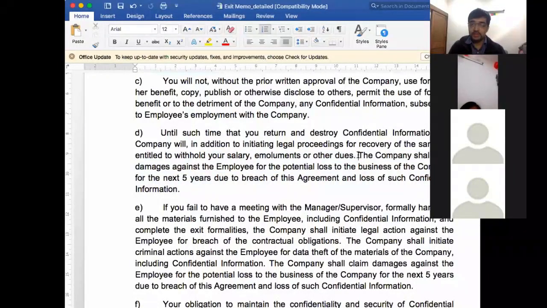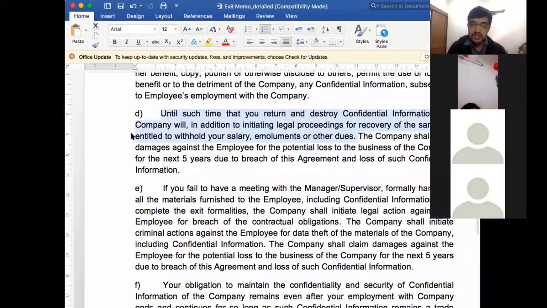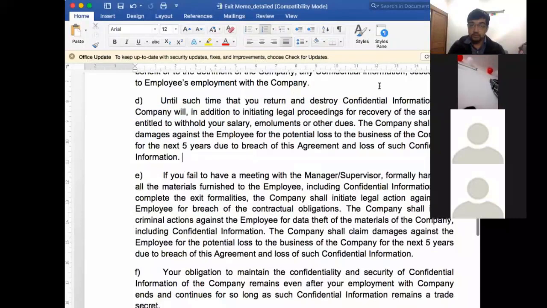This has to be checked for legal validity depending on the nature of the employee, because if you're covered under Payment of Wages Act and all of that, there are specific dates by which full and final settlement must be done. So you will not be able to hold your salary or emoluments beyond such period. The only thing that can be done is that you can incentivize the employee and say that I will do a faster full and final if you return this earlier, right?